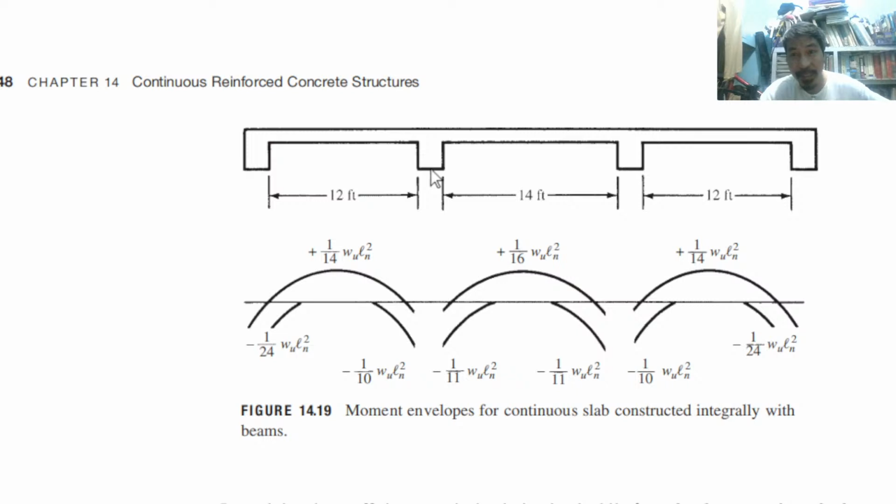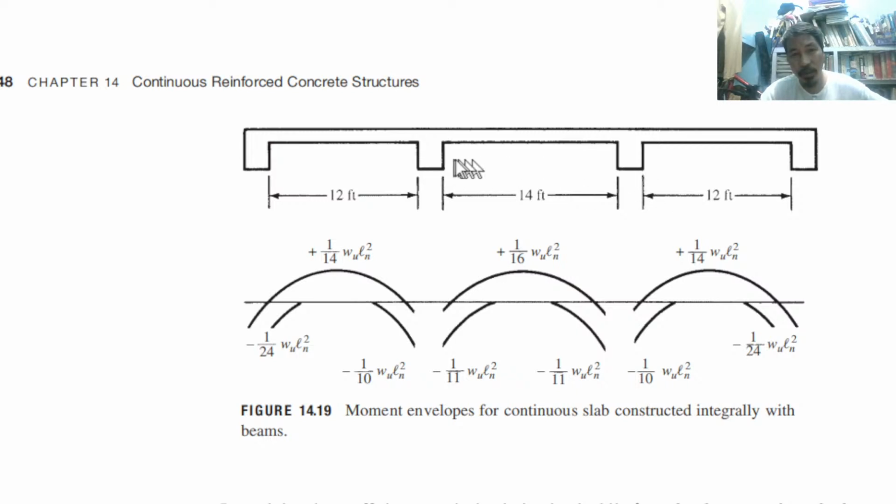This is the first interior because this one is exterior. So this is interior, but this is the first one. So this is the second interior support, but if you are looking from this side, this is also first interior because you are looking at this side. So instead of becoming a second interior support, this is also first interior support. Okay?